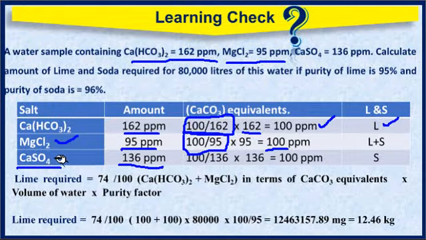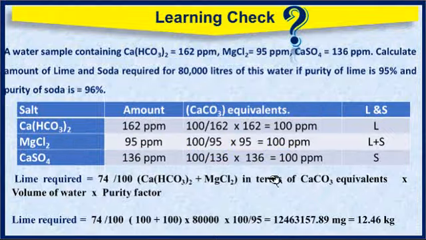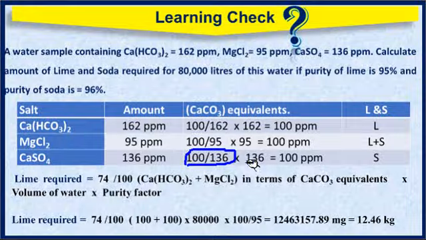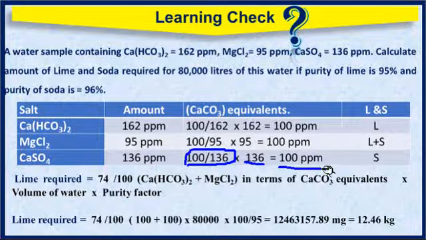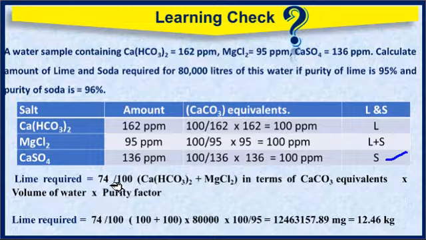The molecular weight of calcium sulfate is 136. So 100 by 136 is the multiplication factor for calcium sulfate. It is multiplied by 136, the amount of calcium sulfate, which is equal to 100 ppm. It requires soda only.